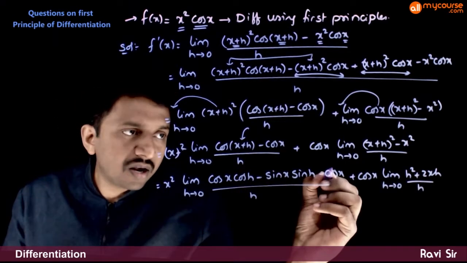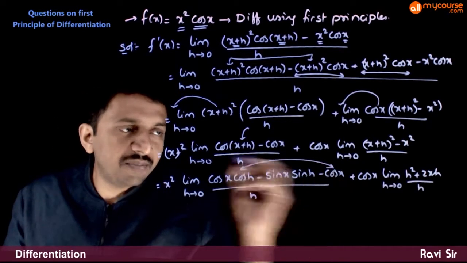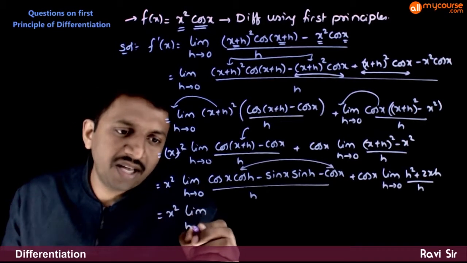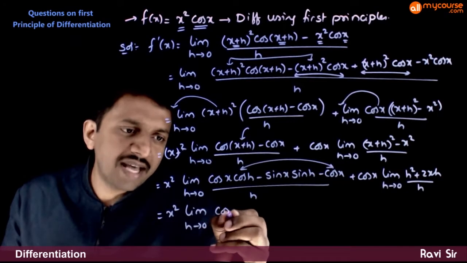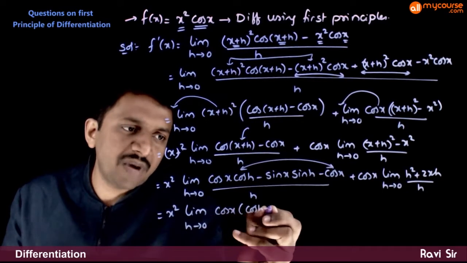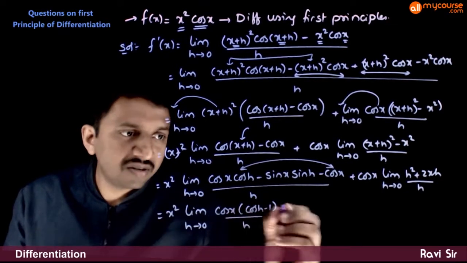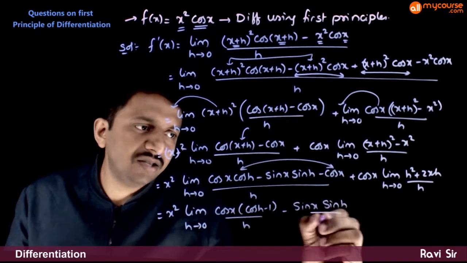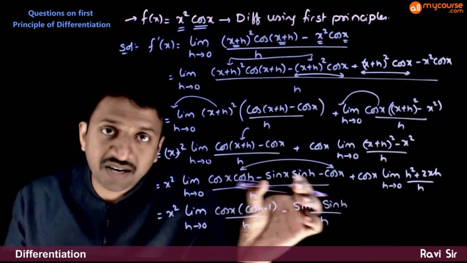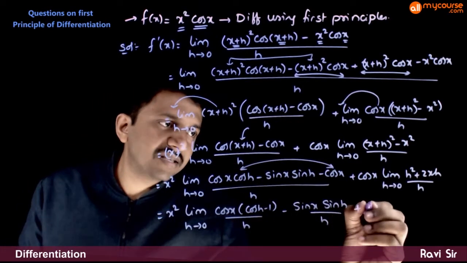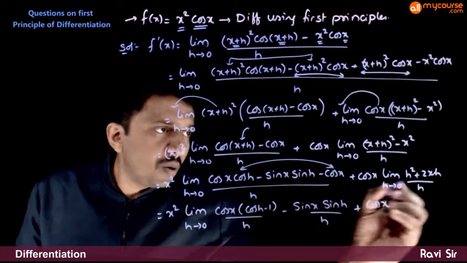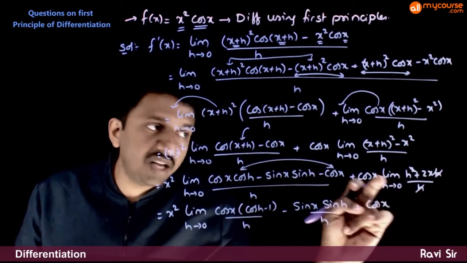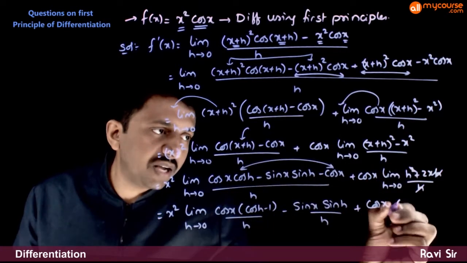So in this, these two terms can be combined. That is equal to x square times limit h tends to 0, cos x times (cos h minus 1) by h minus sin x times sin h by h. I have separated this into two terms, plus cos x times, h gets cancelled, and after this if you put h equal to 0, this becomes 0, this becomes 2x.